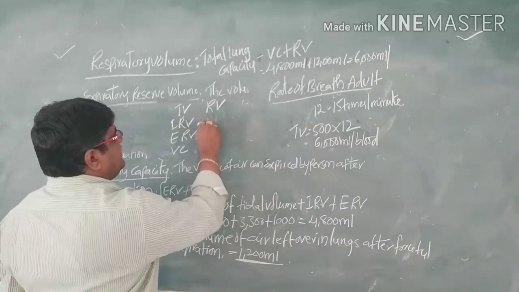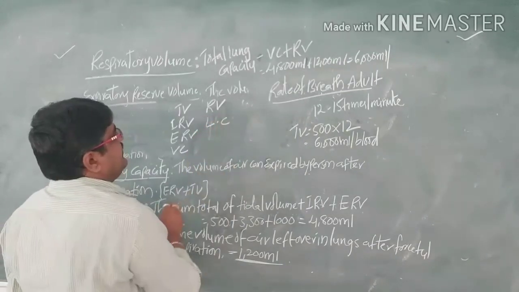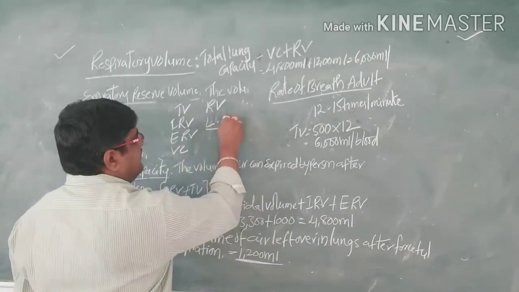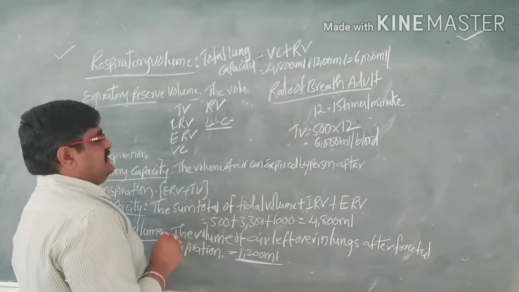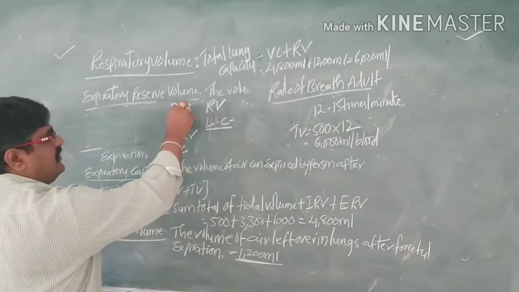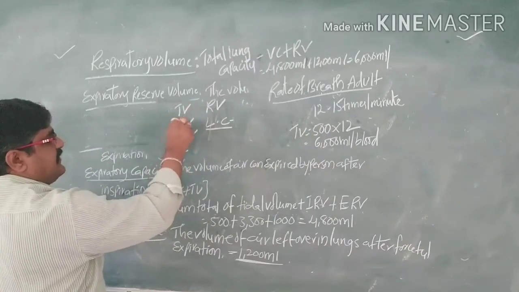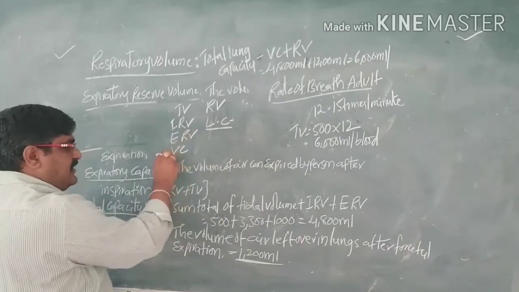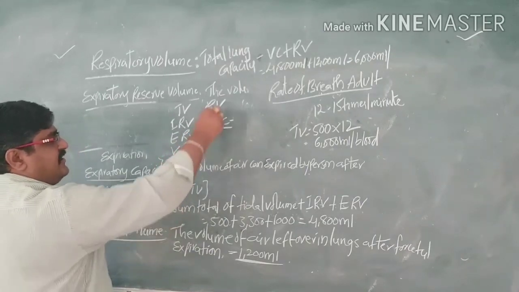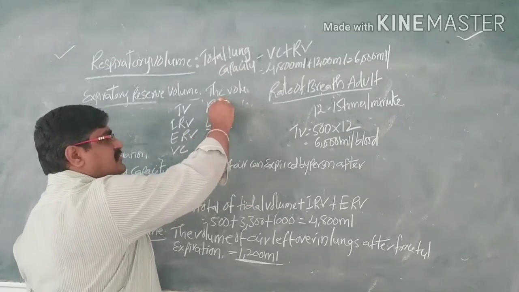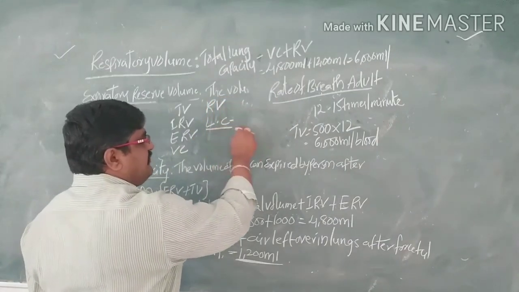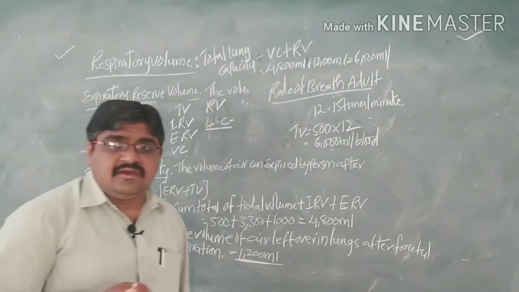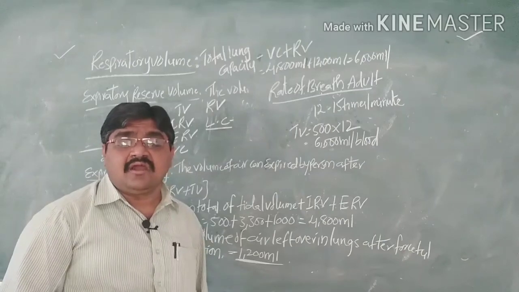Here the tidal volume is 500, the inspiratory reserve volume is 3300, the expiratory reserve volume is 1000, the vital capacity is 4800, and the residual volume is 1200. The total lung capacity is 6000 ml, which is circulated in the lungs during normal breathing.